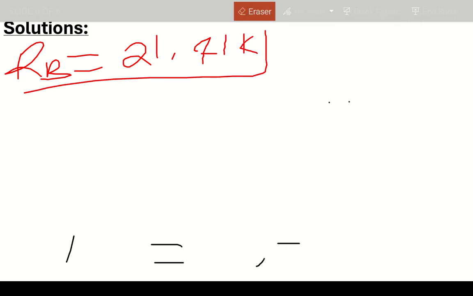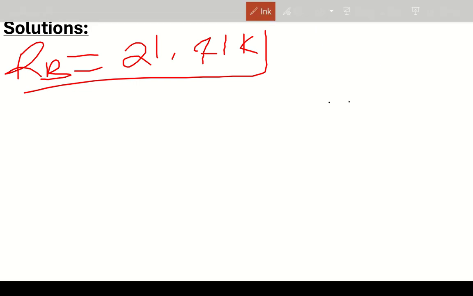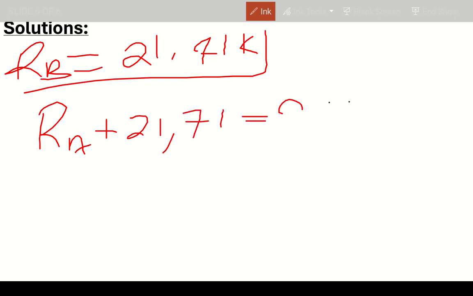So let's just substitute it to find A. So it's just R at point A plus R at point B equals the overall, which is 94.